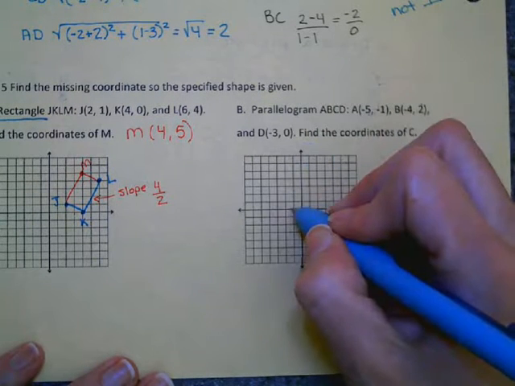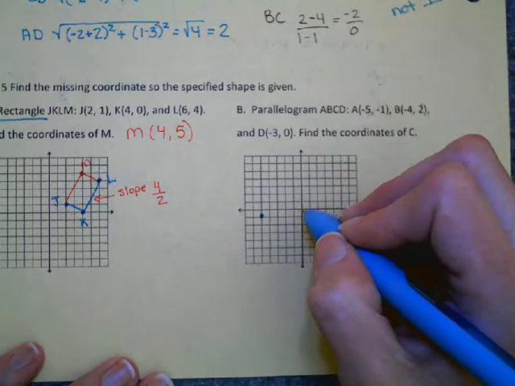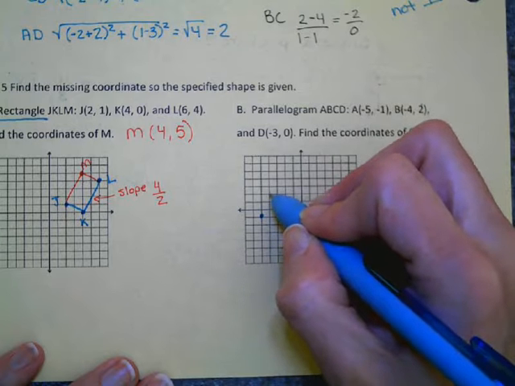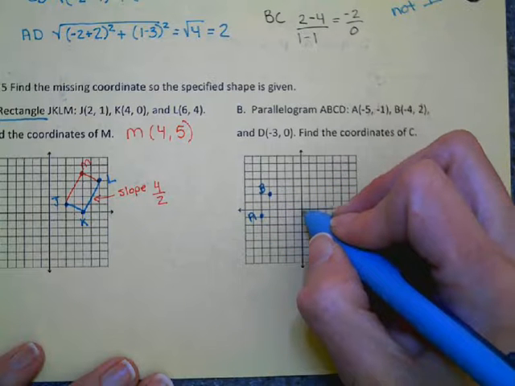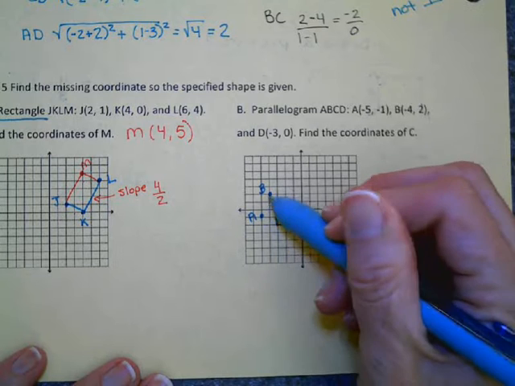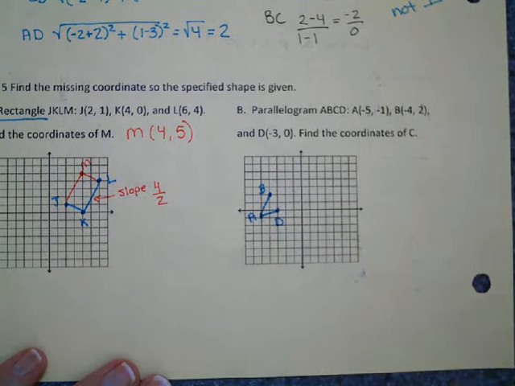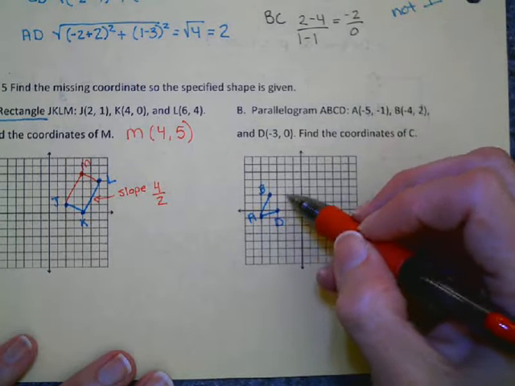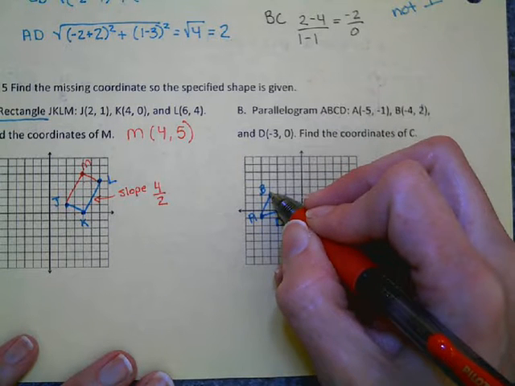In a parallelogram here, let's graph these points. A is at negative 5, negative 1. B is at negative 4, 2. We have A, we have B, and C is at negative 3, 0. So, following these lines, C has to be in this area over here. We know that AB and CD should have the same slopes.